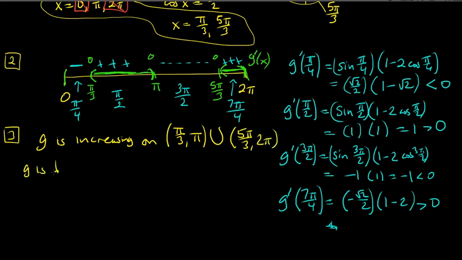And then g will be decreasing everywhere else. Right, so that's from 0 to pi over 3, and then from pi to 5 pi over 3, right?